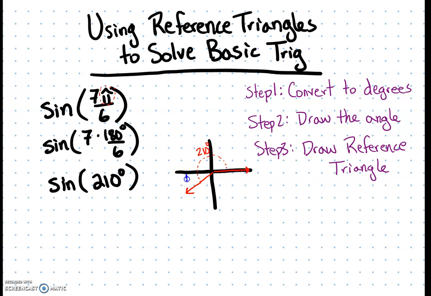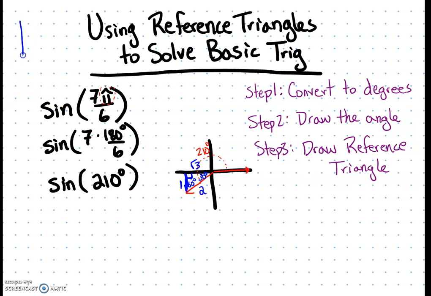We're going to draw a right triangle. That's my reference triangle. And it should be obvious to everyone who's listening that this angle in here is 30 degrees. As soon as I see that 30, something inside me should say, oh, I've seen this before. This is a 30, 60, 90 triangle. And I know the ratios of those sides are 1, square root of 3, and 2.